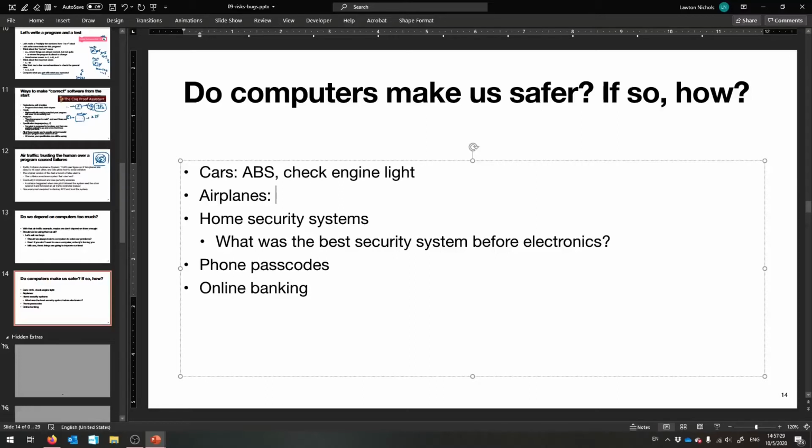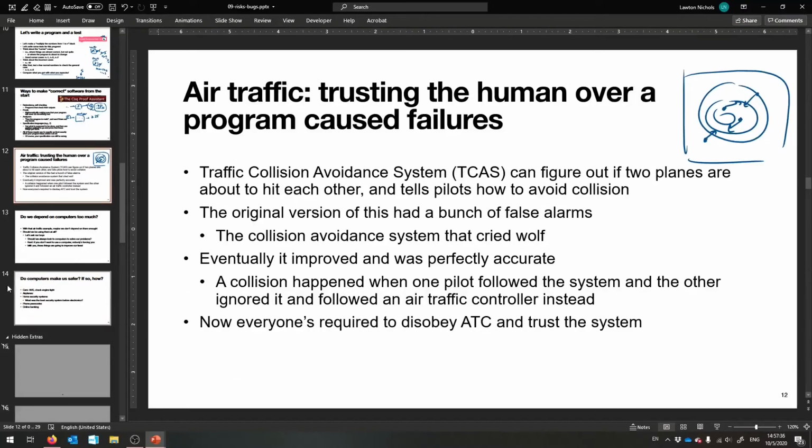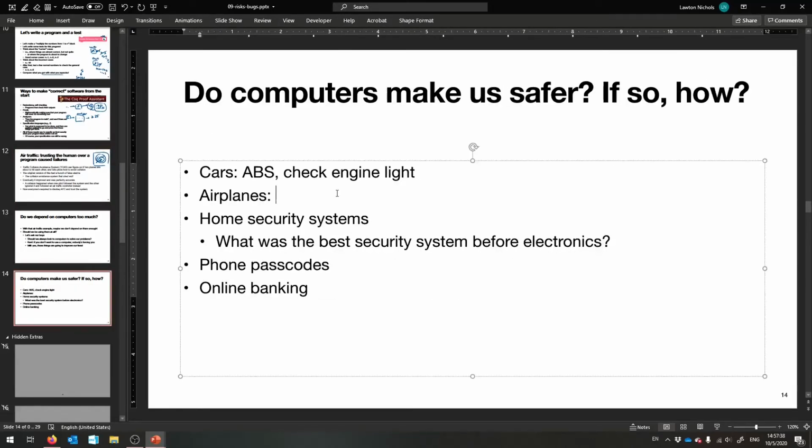Airplanes. Well, you've got your autopilot. I think we've covered this already, at least with TCAS. That's keeping you safer. Autopilot, I think we could argue, keeps us safer as well. It's keeping us on course. It's not going to let us drift off somewhere if the pilot falls asleep or something.